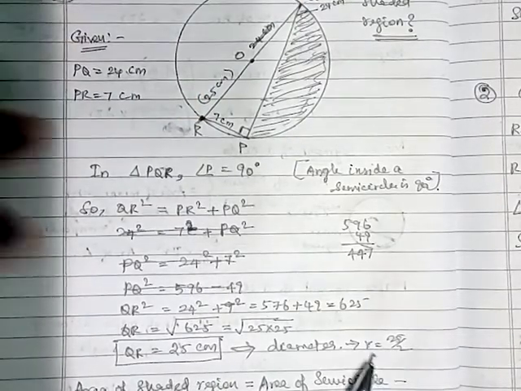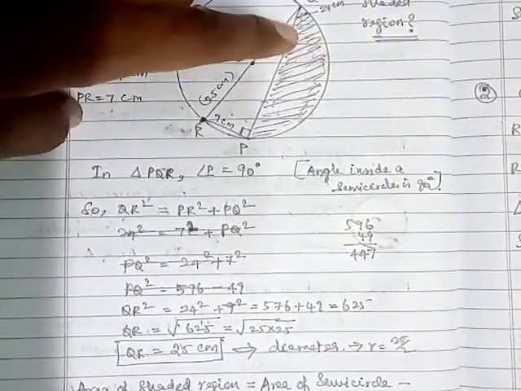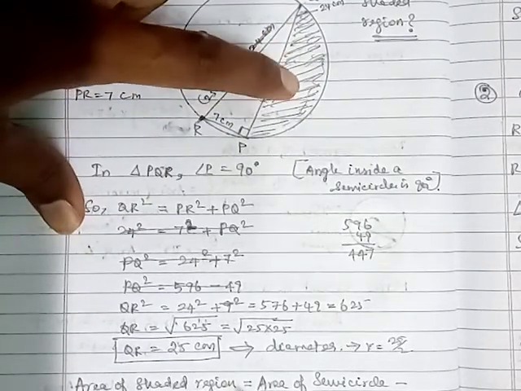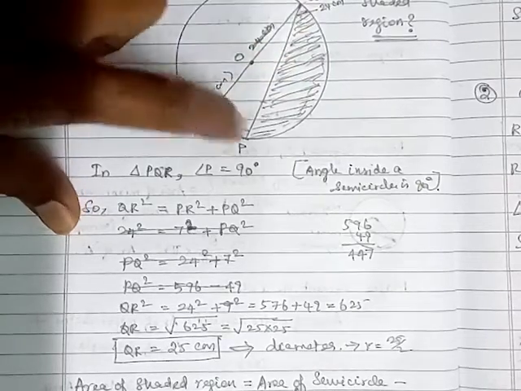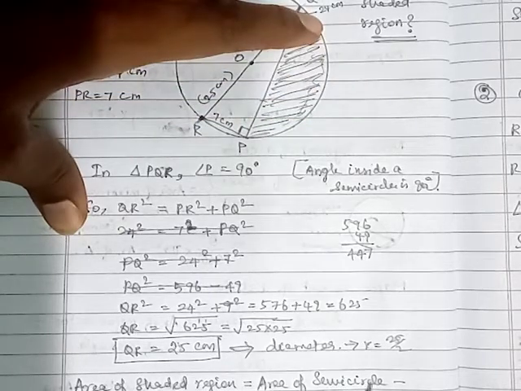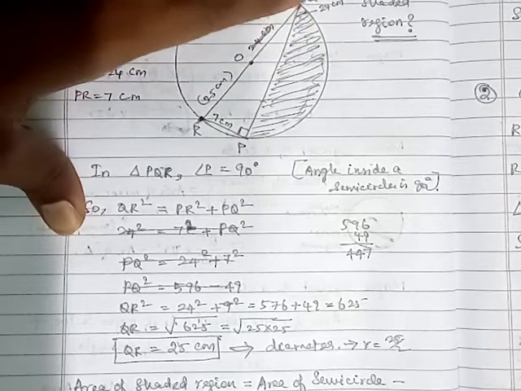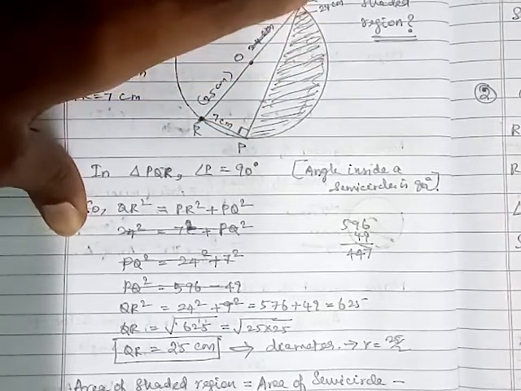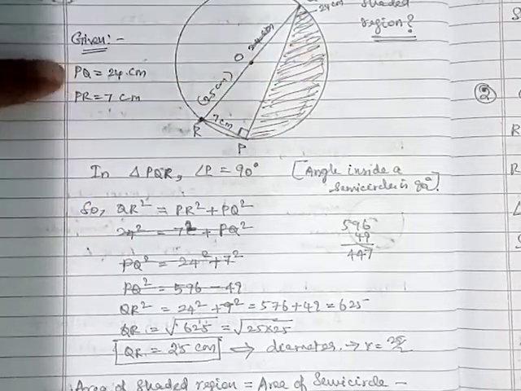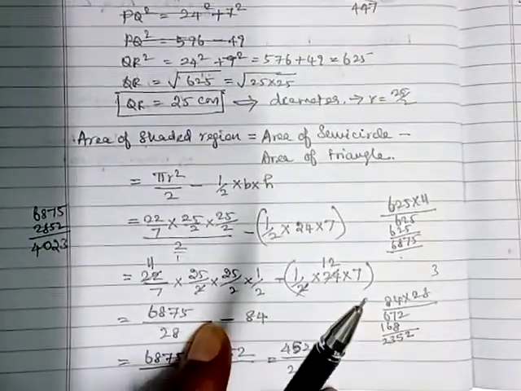We have to find the area of this region, so first we have to find the area of the semicircle. The area of the shaded region is equal to the area of the semicircle minus the area of the triangle.